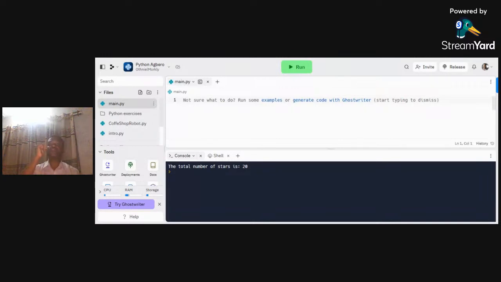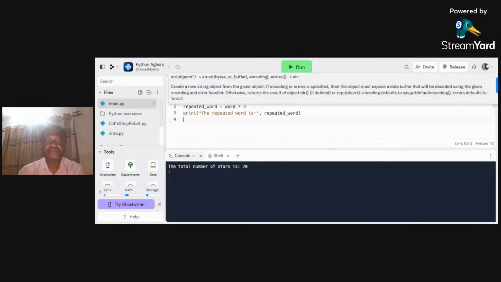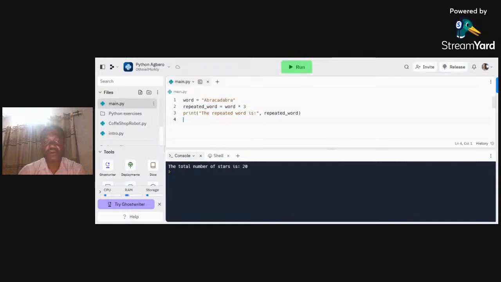But when it is dealing with strings, let me show you what it does. So let's say we have a scenario here. We have a variable called word, and we put in abracadabra as a string inside it. Then we have another variable called repeated underscore word, and we say here, word multiplied by 3.